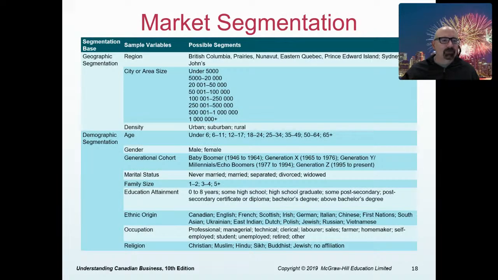So let's look at a little more detailed breakdown here of some of the potential segmentations. Geographic. Oh, here's a good one we didn't talk about before, is the size. The size of the area we're going after. Kamloops is generally considered to be just under 100,000 people. Here's the thing. Does a town between 20 and 50,000 people behave dramatically differently than a town of 100 to 250,000?